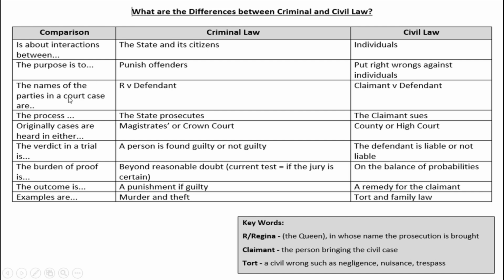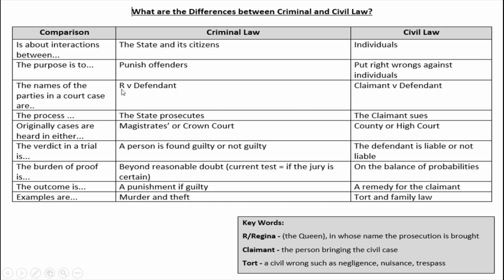The name of the court case in a criminal case is R v. the defendant's surname. So if the defendant's surname is Smith, it would be R v. Smith. Or if the defendant's surname is Taylor, it would be R v. Taylor. The R stands for Regina. Regina is the Latin word for queen. It refers to the reigning monarch.